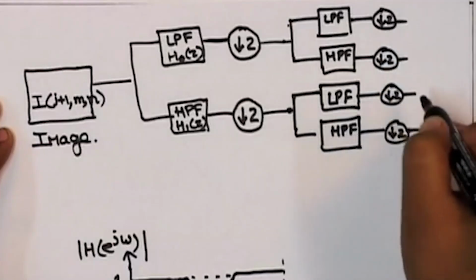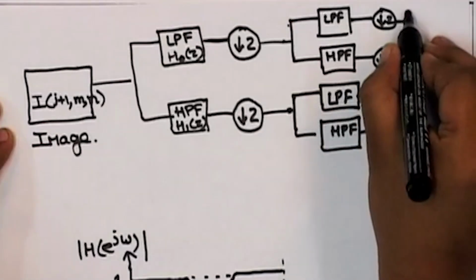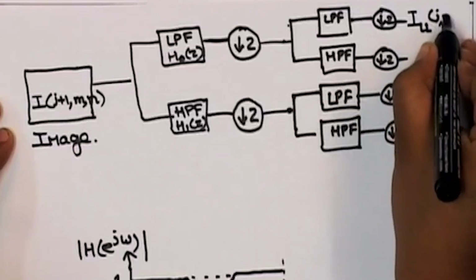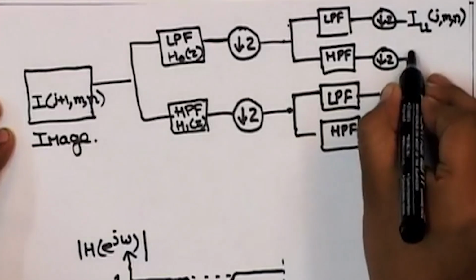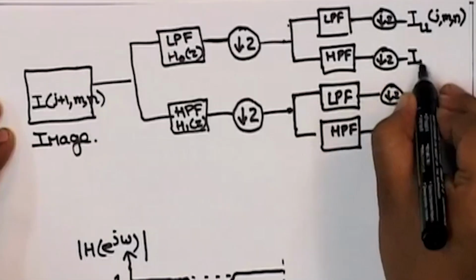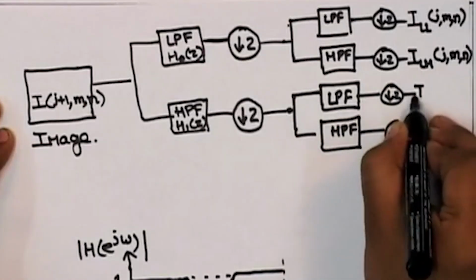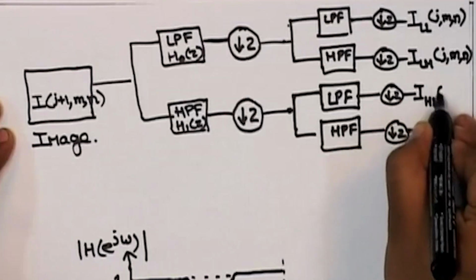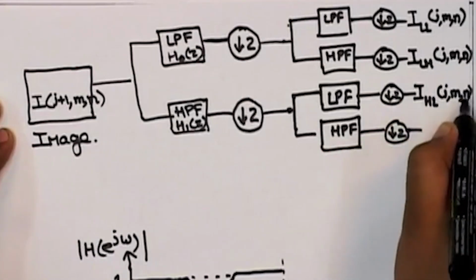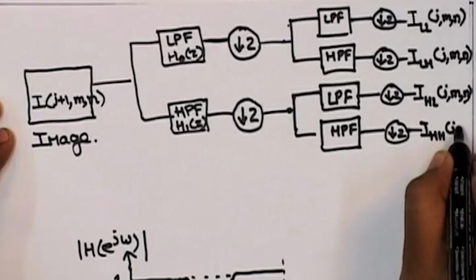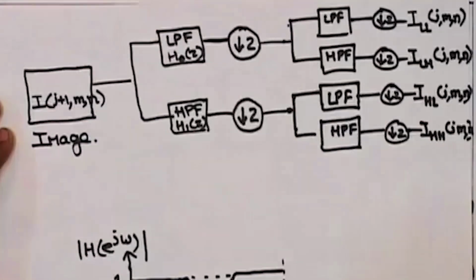At the output of these filters, we obtain subbands as I LL j m n, I LH j m n, I HL j m n, and I HH j m n. We know that high pass filters extract the edges and low pass filters do the approximation.